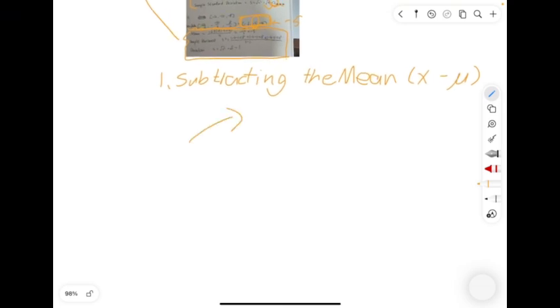Effects on the mean: subtracting the mean centers the data around 0. This changes the mean of the data set to 0. And it shifts the entire distribution so that its center is now 0.